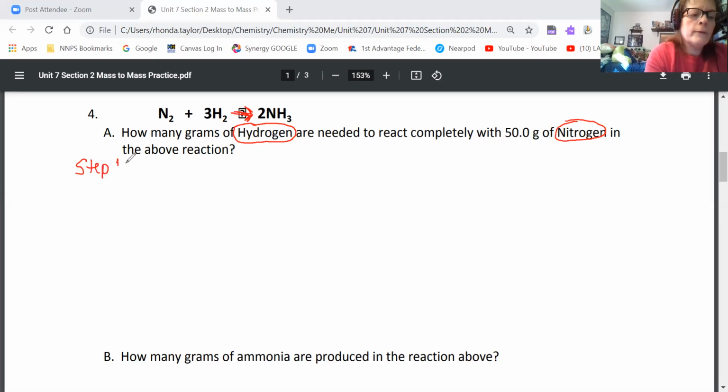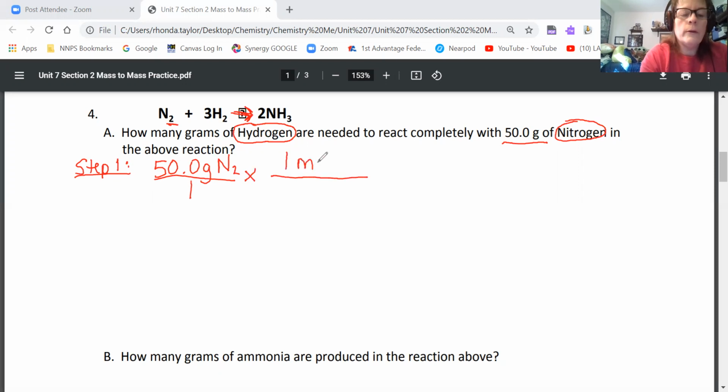take the grams given, and in this case, they're giving us how many grams of nitrogen here, which is 50. So we've got to convert that to moles. So 50 grams of nitrogen, remember it's N2, times 1 mole of nitrogen, or N2. If you look up nitrogen on the periodic table, it's a 14, and we have 2 of them.